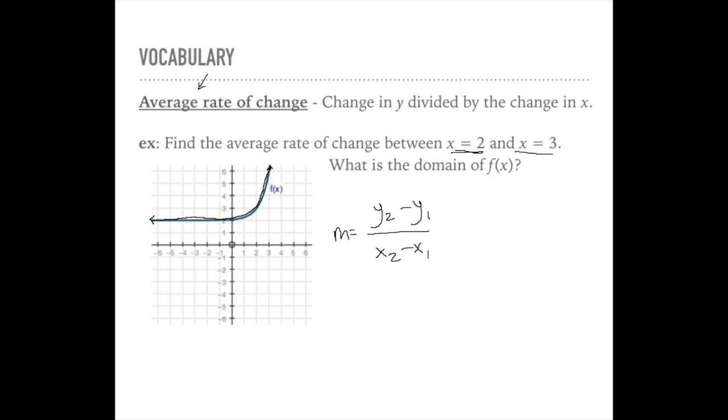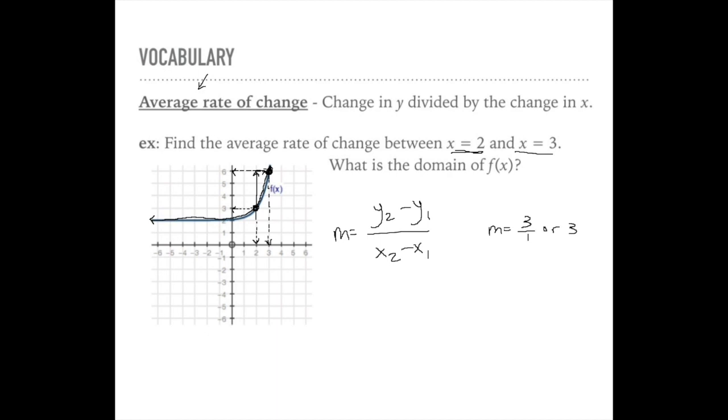I start here, where x equals 2, and go here, where x equals 3, and find out how much my y values changed. From here to here, I go up 1, 2, 3, so 3 over 1. My rate of change is 3 over 1, or 3.